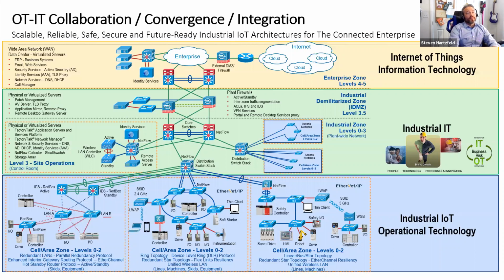Now, this diagram is a representation of CPwE and is a summary of everything you can do with the CPwE, but it is also an example of an IIoT architecture for the connected enterprise, or for smart manufacturing, or for Industry 4.0, however you want to refer to the digital transformation that's occurring within manufacturing.